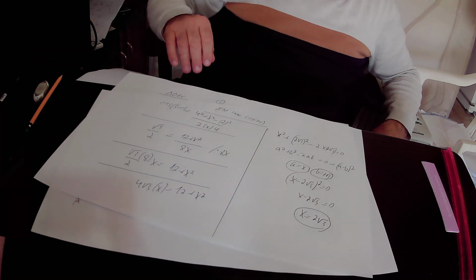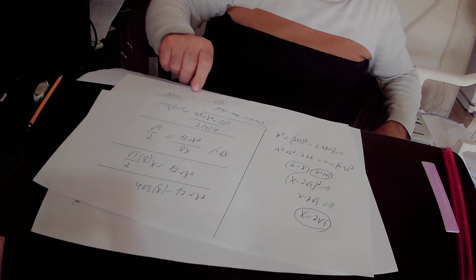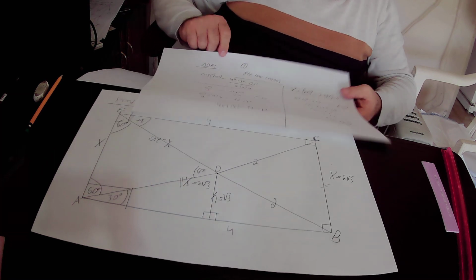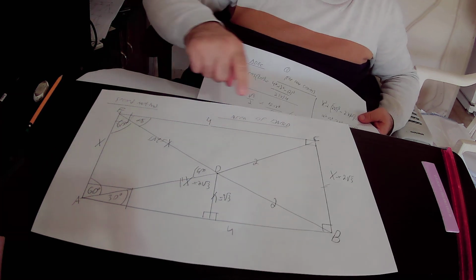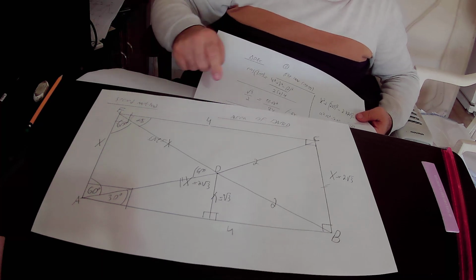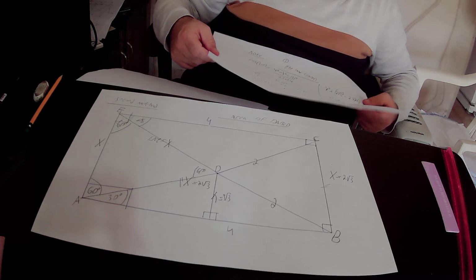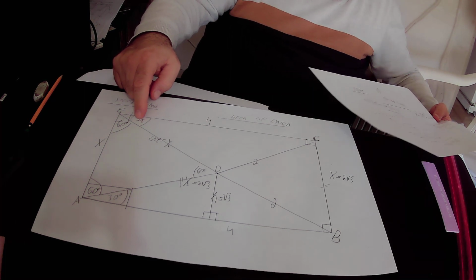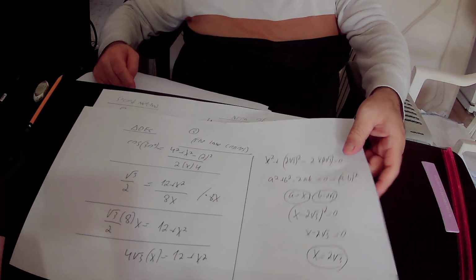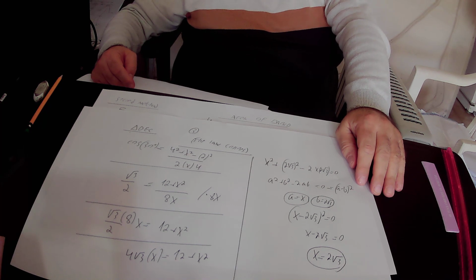So in triangle ECD, according to the law of cosines, cosine 30 degrees must be equal to 4 squared plus x squared minus 2 squared over 2 times x times 4.